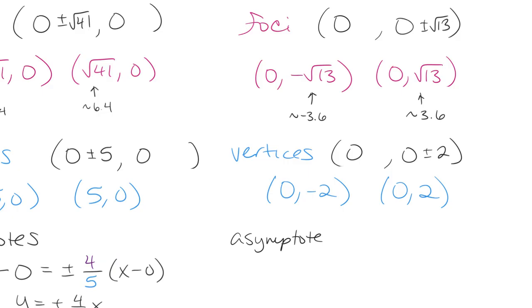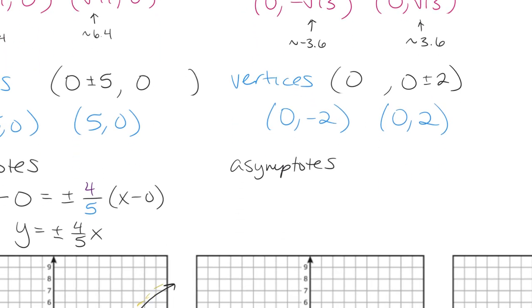The only thing that changes in the formula for the asymptotes when we switch from a horizontal transverse axis to a vertical transverse axis is the fraction. This time it tells me on my formula chart to do A over B instead of B over A. So my asymptotes are at y minus 0 equal to plus or minus B, which was 3, over A, which is 2. Nope, I did that backwards.